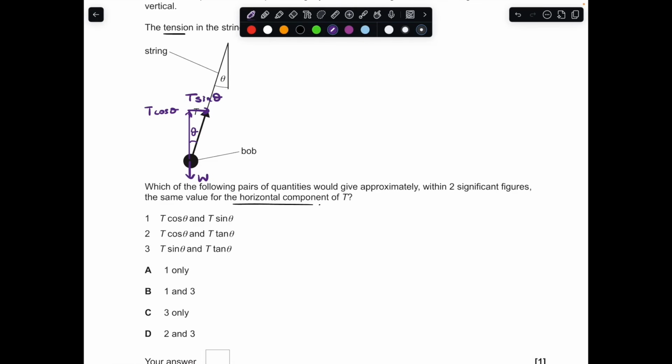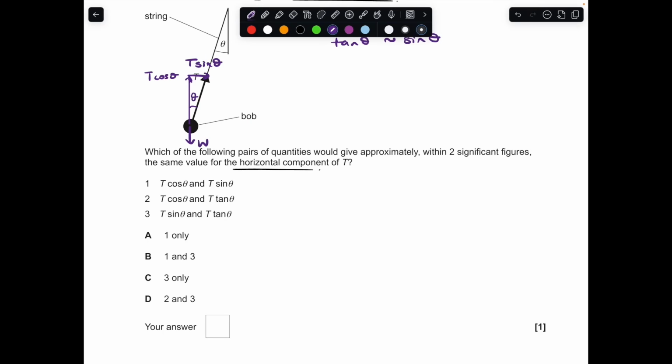We know that tan theta is approximately the same as sine theta for small angle approximations. So that means that T sine theta and T tan theta will be the same. C is the correct answer here.